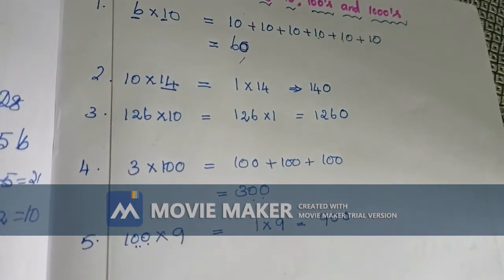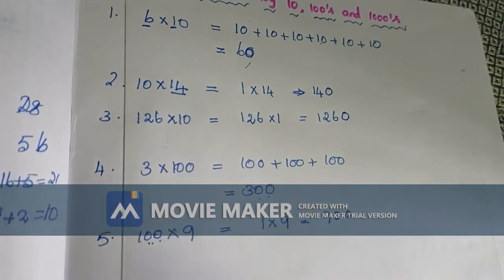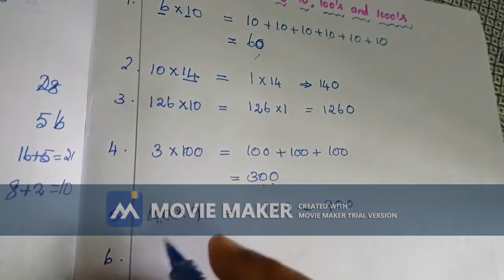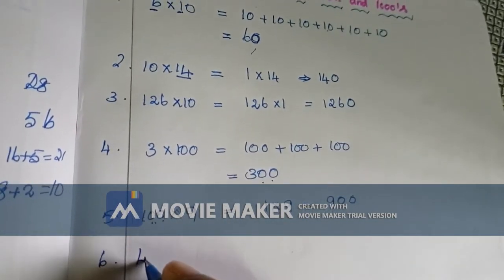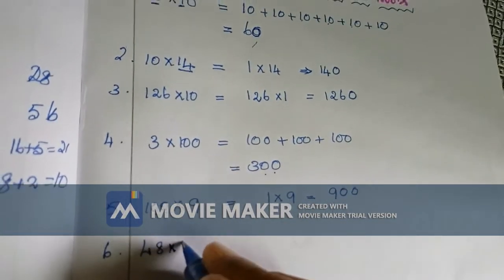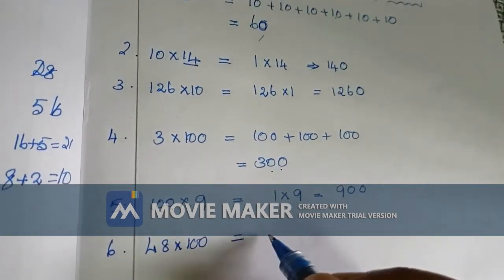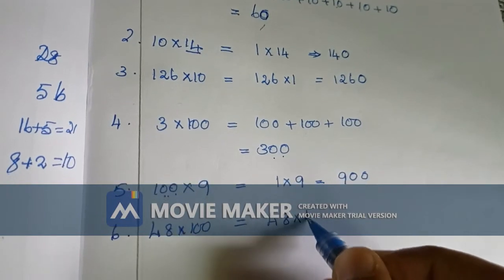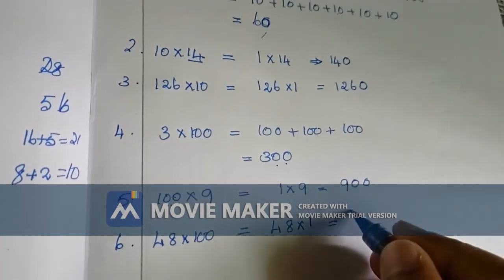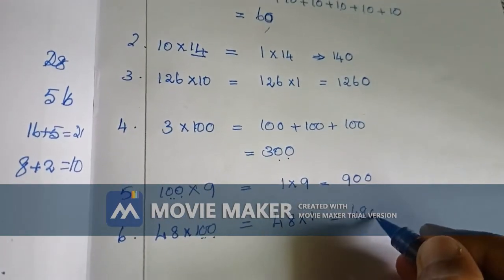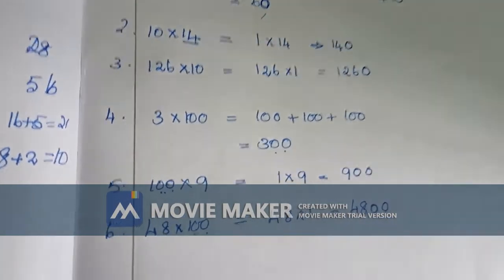So 100 times 9, we get the answer as 900. One more example, 48 multiplied by 100. First multiply this 48 by 1, so we get 48, and next you have to add two zeros in the tens place and ones place.